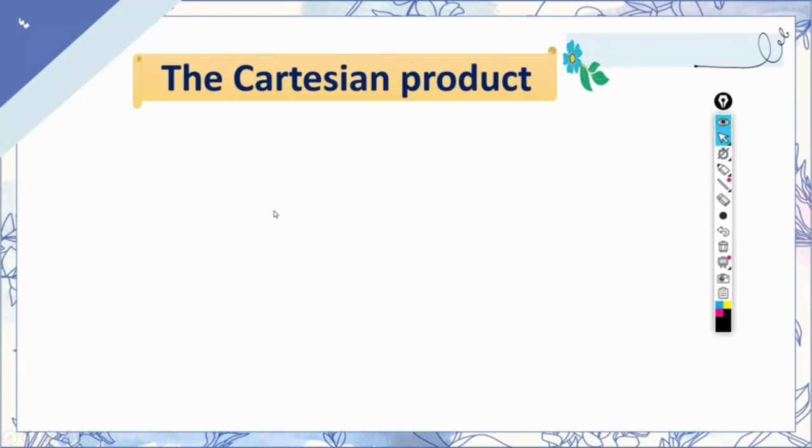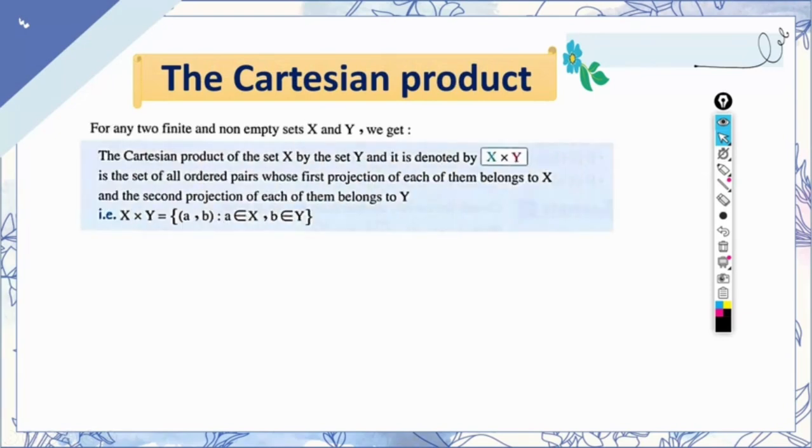The Cartesian product. For any finite and non-empty sets X and Y, we get the Cartesian product of the set X by the set Y, and it is denoted by X times Y or X by Y. We can say X times Y is a set of all ordered pairs. What do I mean by a set of all ordered pairs?